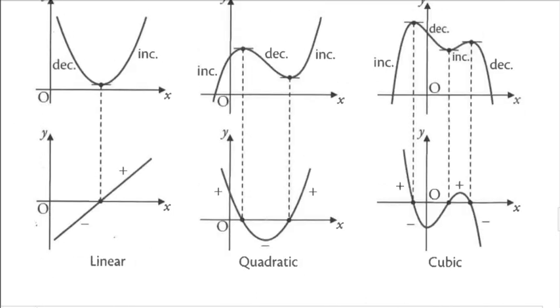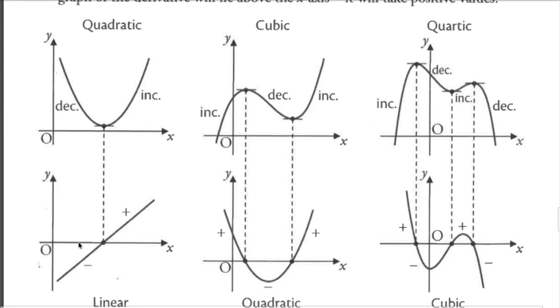Right, the derived graphs are underneath here. These graphs describe the gradient on these original graphs. So for this value of x here, the gradient takes a negative value. So on the original graph, the gradient for this value of x was negative.